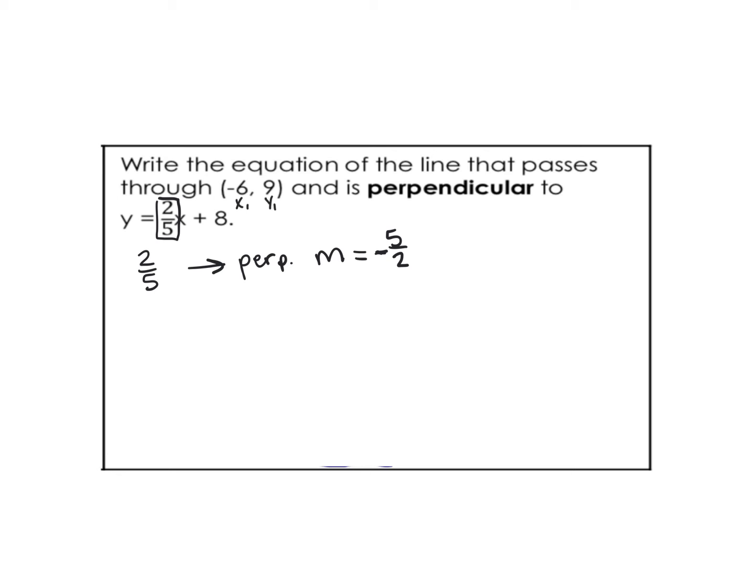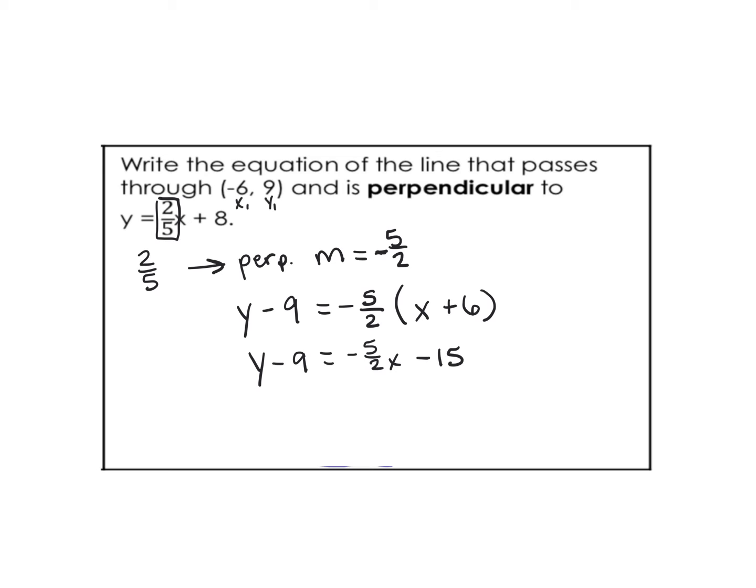So let's plug in. Using the perpendicular slope and our x1, y1, we plug in y minus 9 equals -5/2. Remember, you have to use the perpendicular slope times x plus 6. We bring down y minus 9 and distribute: -5/2 x, and then -5/2 times 6 gives us -15.